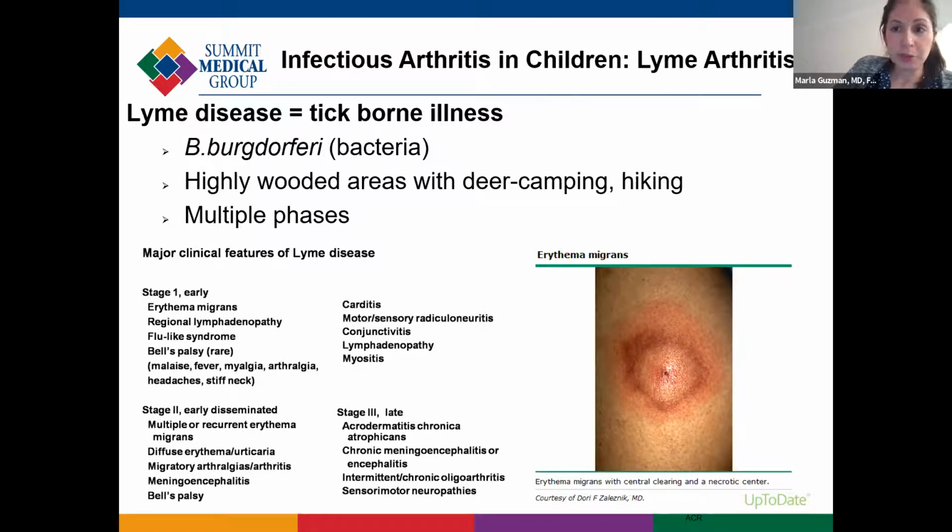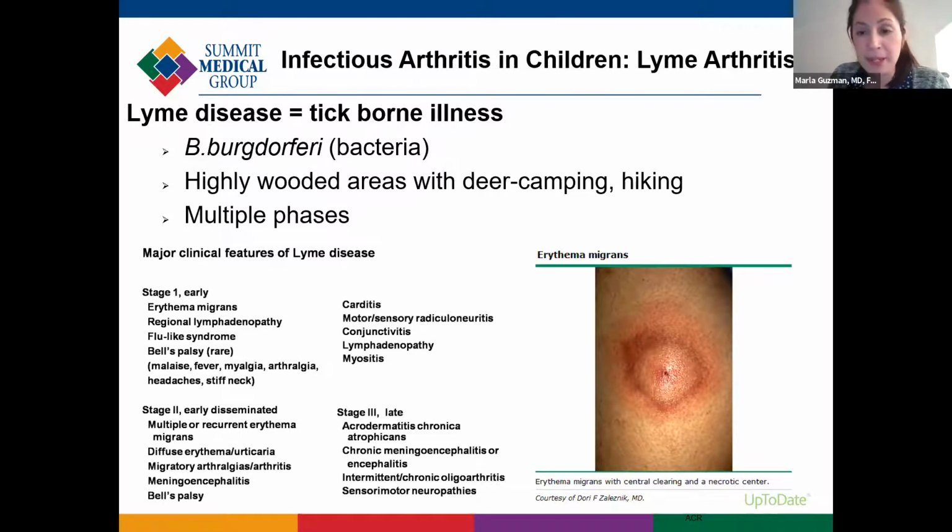So there's multiple phases. The first phase, the early phase, is when you'll see this typical bullseye rash here. It's called erythema migrans. And sometimes the child might not even have the rash. More often than not, they may not have the rash, but this is really right afterwards. And if it's identified at this point or the tick is identified, oftentimes the later stages can be avoided.